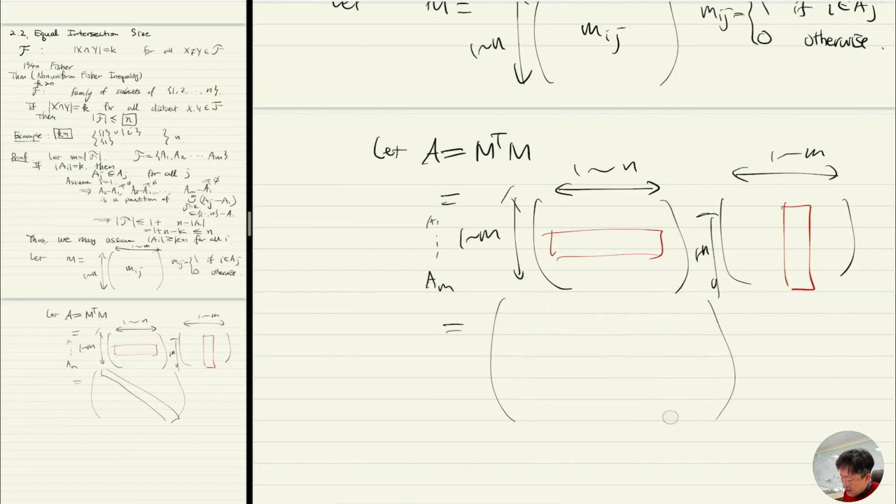So the diagonal is size of A1, size of A2, up to size of Am. That's the diagonal. And for all others, you have the intersection of Ai and Aj.